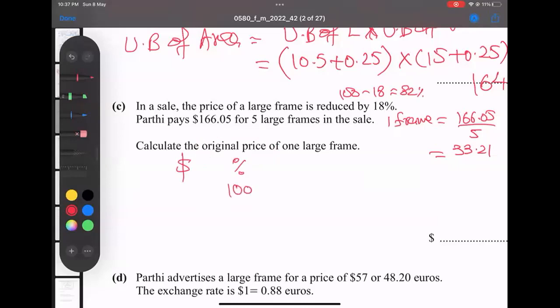So 100% is the original, and $33.21 is equal to 82%. Cross multiply.